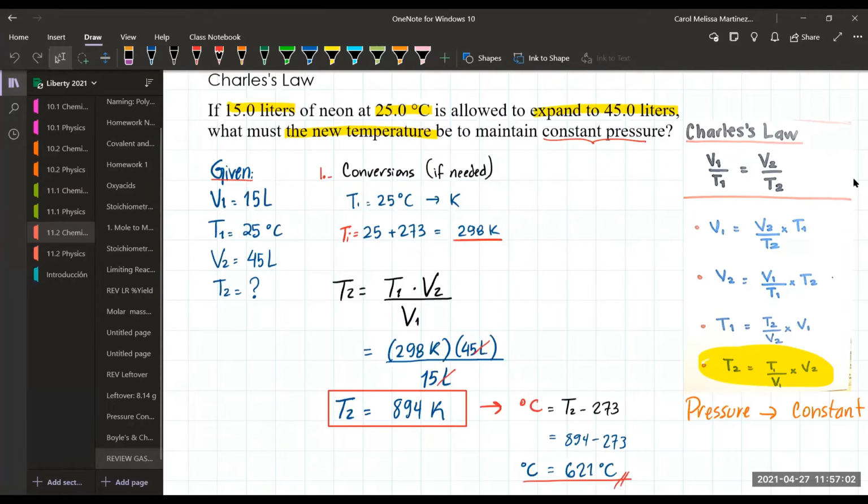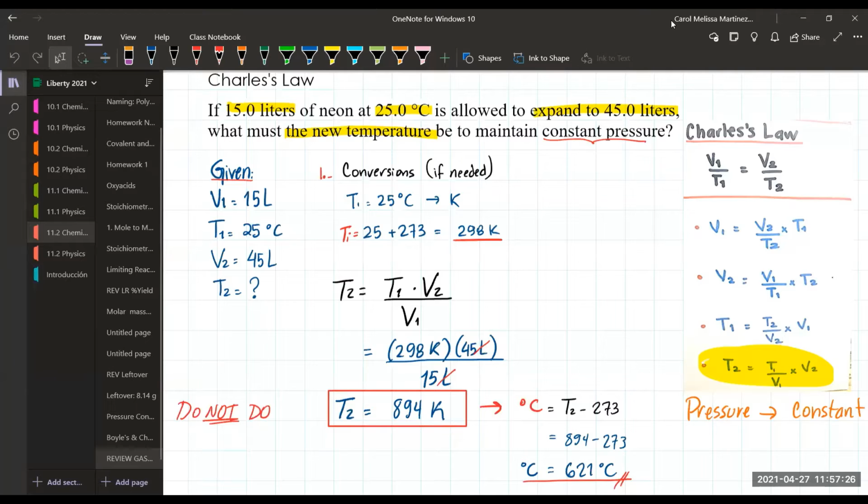But you might be thinking, Miss, but isn't it better that we work with Celsius in the first place? I'll show you what happens if you use Celsius without conversion, okay? So this is the process that you never do, okay? So do not do this.